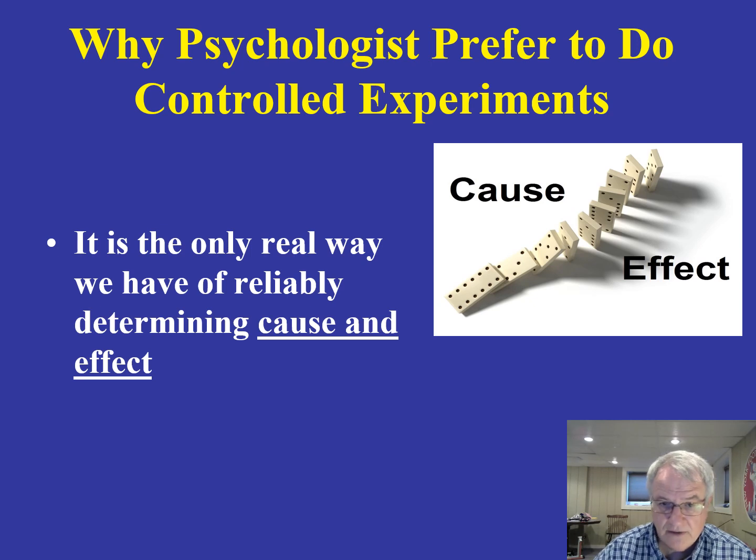So again, the only real way of reliably determining cause and effect is by way of a laboratory-based experiment. Right? So when you take a look at these other techniques that psychologists use that we've talked about, there are advantages and there are disadvantages, but the preference really is in terms of utilizing controlled experiments.